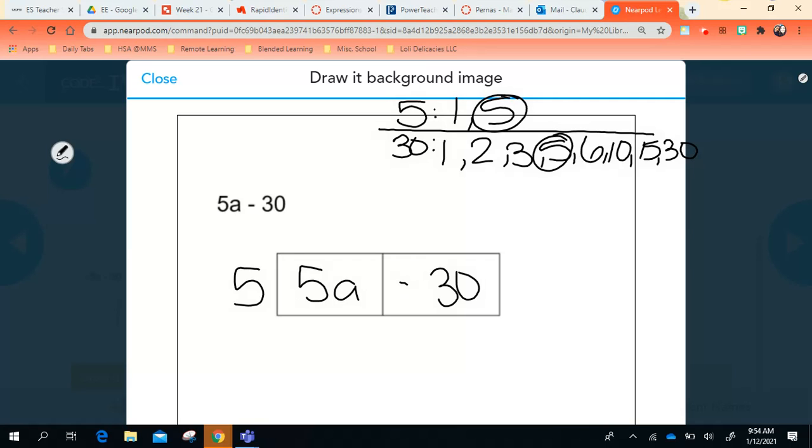Make sure you put a subtraction. All right, good. Exactly. If you're not sure, you're going to put 5 divided by 5, and it's going to go up here.